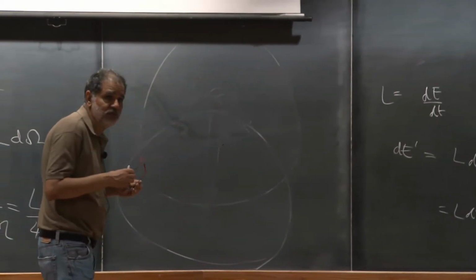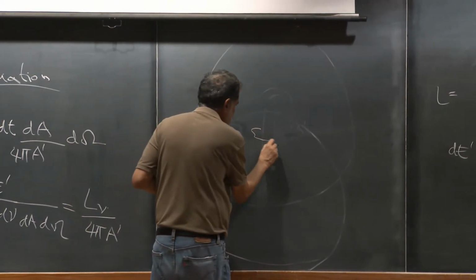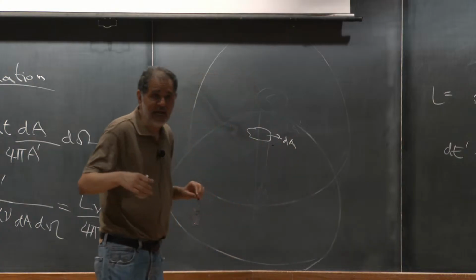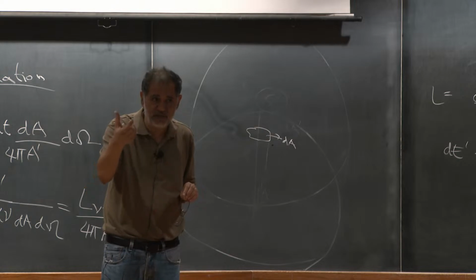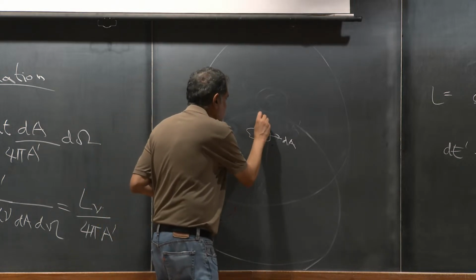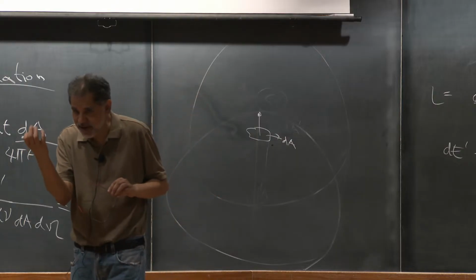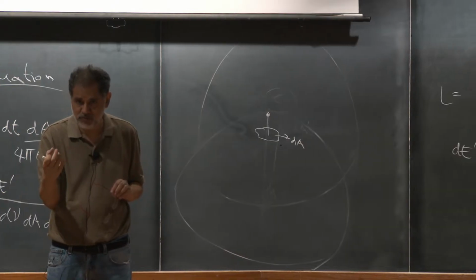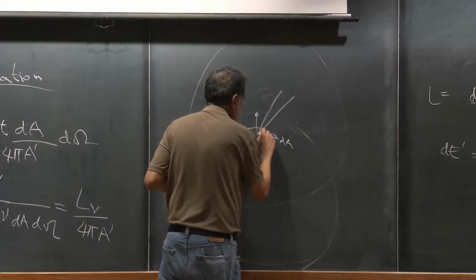So the way we define intensity now formally is you have an area dA, and area in physics is defined with respect to a vector, an infinitesimal area that is normal to it. So when I say there is an area, you mean the magnitude of area and a direction which is perpendicular to the infinitesimal area, and the solid angle could be in any direction.